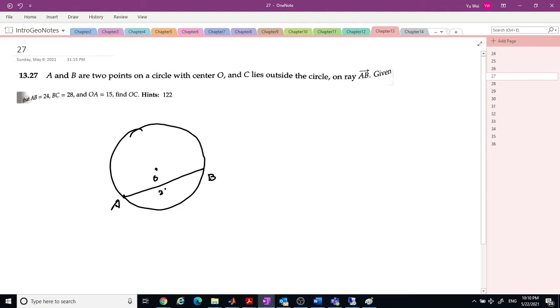AB is 24, and C lies outside. BC is 28, and OA, that's the radius, is 15. We want to find OC.